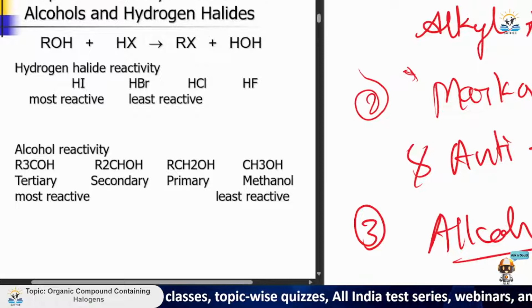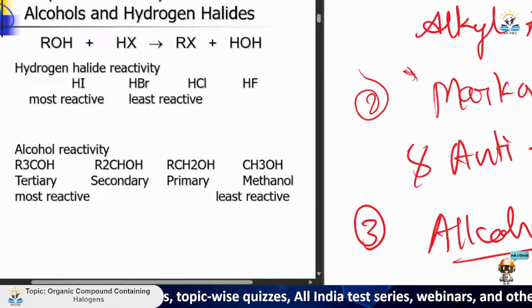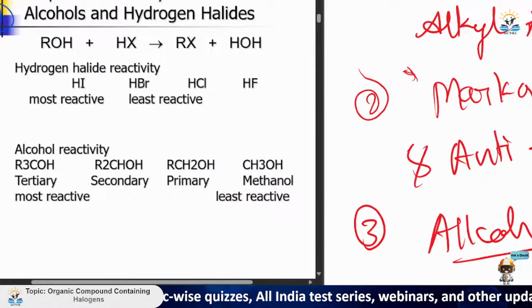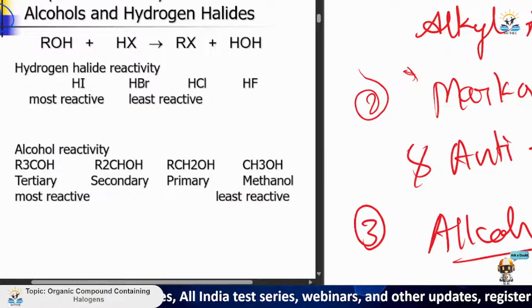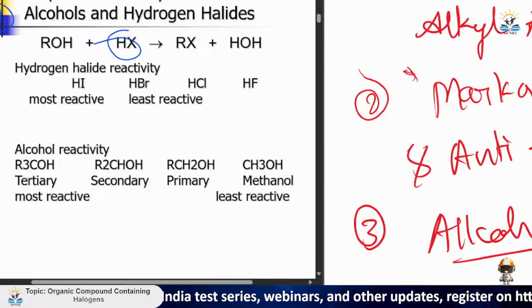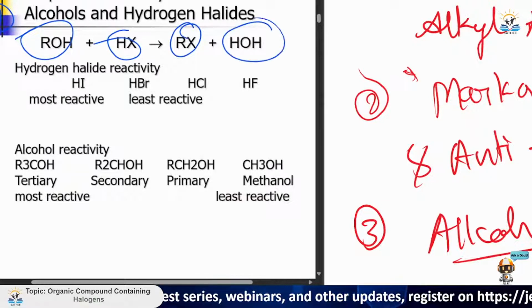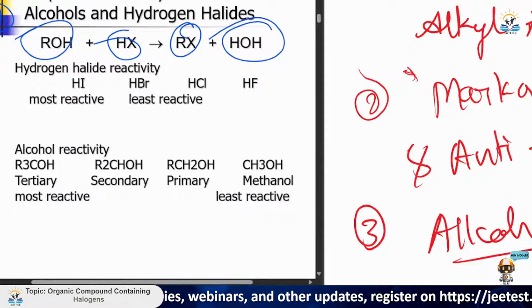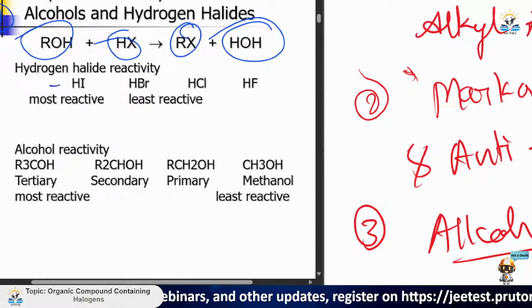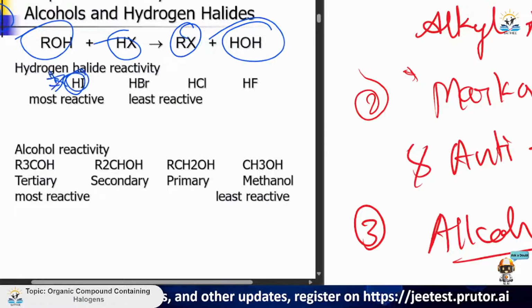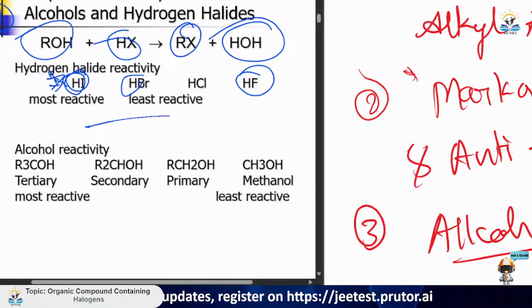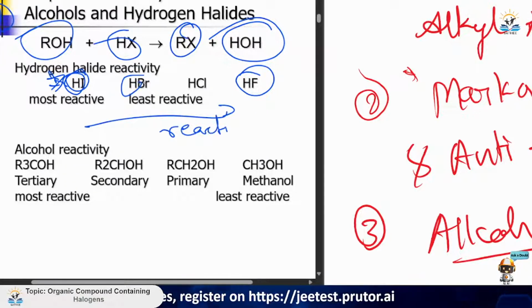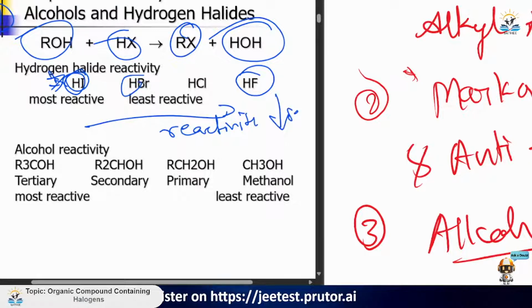Now, one more method is the preparation of alkyl halides from alcohols and hydrogen halides. See, ROH plus HX gives you RX plus H2O. Here also some reactivity order comes in. HI is the most reactive, HF is the least reactive, and reactivity decreases in the order HI, HBr, HCl, HF.